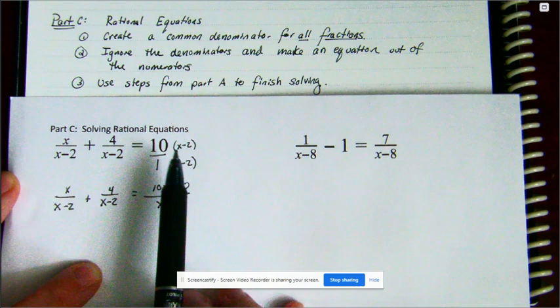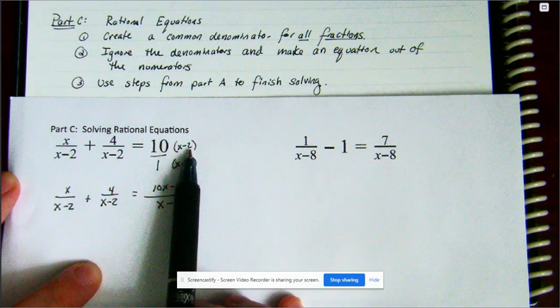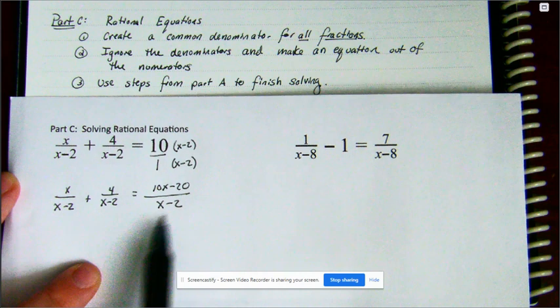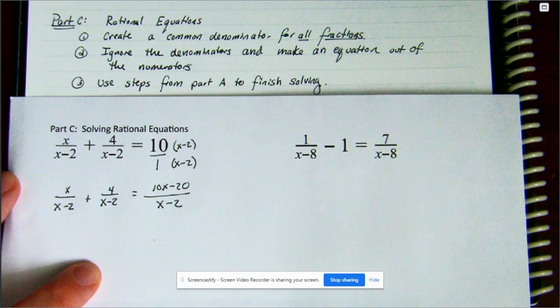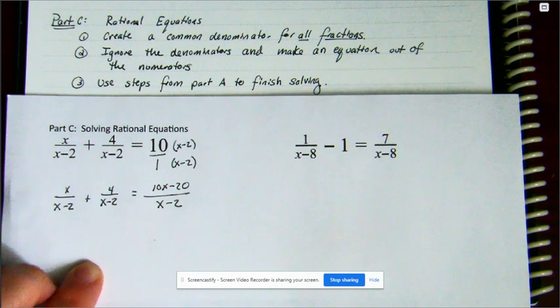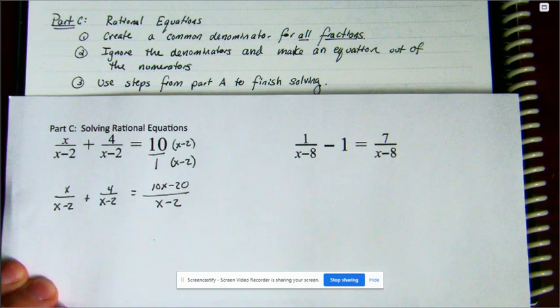So what I did was distribute 10 times x and 10 times negative 2 to get 10x minus 20 for that new fraction numerator. Now, every single fraction has the exact same denominator. That's what we want to see, everything identical on the bottom. Then the really easy step: we're going to ignore those denominators and just use the tops of those fractions to make the equation that we're going to solve.